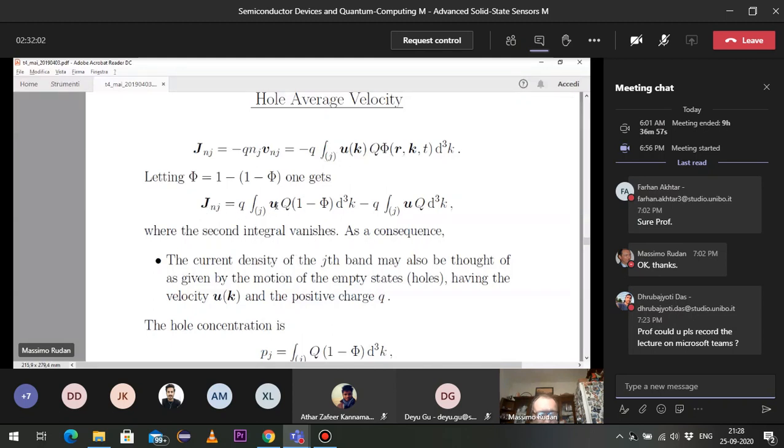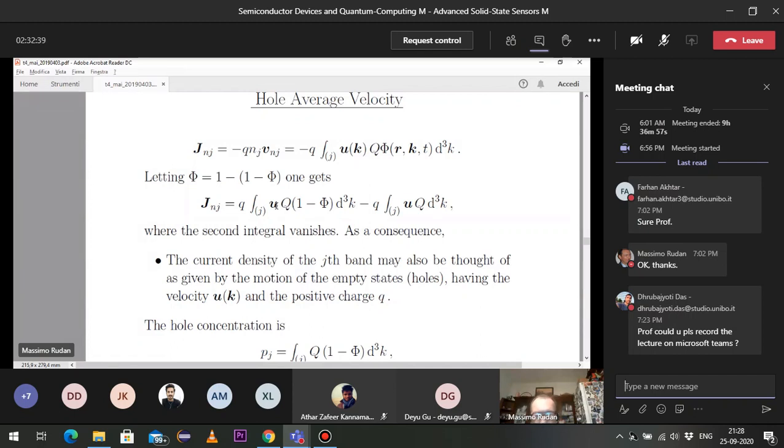It is just the same current density, sorry, of band number j, as if it were due to the empty states carrying a positive charge. Okay, so this starts introducing the idea that if we consider the holes instead of the electrons, we may still calculate the current, but we must ascribe a positive charge to the holes.